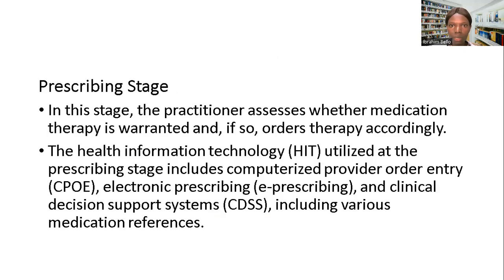In this stage, the practitioner assesses whether medication therapy is warranted and if so, orders therapy accordingly. The health information tools utilized at this prescribing stage include computerized provider order entry, electronic prescribing, and clinical decision support systems, including various medication references.